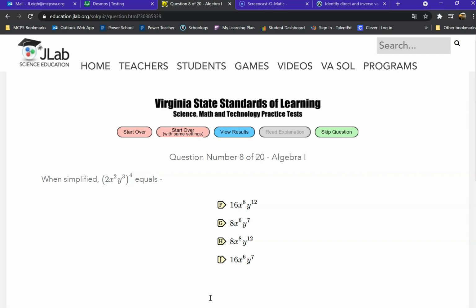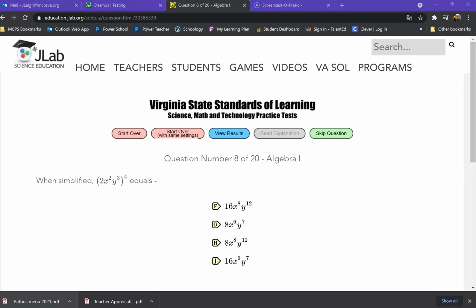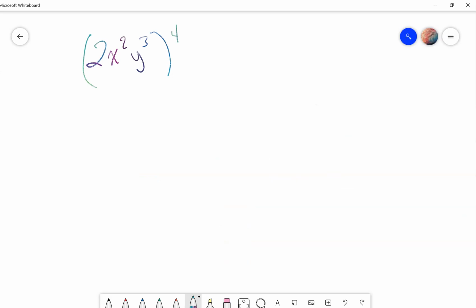When simplified, 2x squared y cubed all to the 4th power equals. All right, so to solve this, I'm going to write it out completely. Think of this 4 outside the parentheses as saying you've got 4 sets of each one of these numbers or variables.